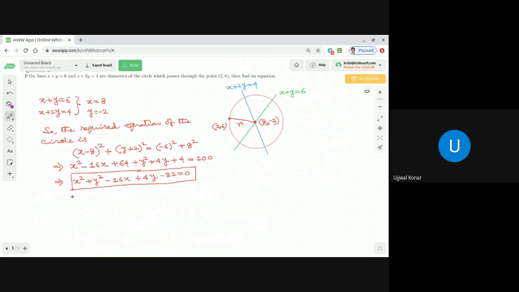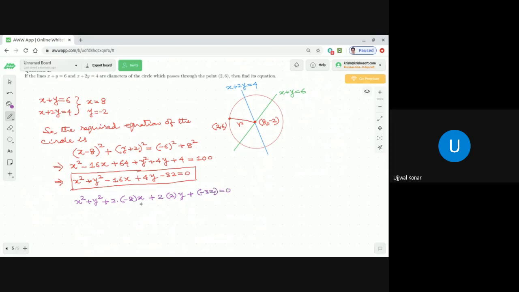We can rearrange this equation like this: x square plus y square plus 2 into minus 8 into x plus 2 into 2 into y plus minus 32 is equal to 0.